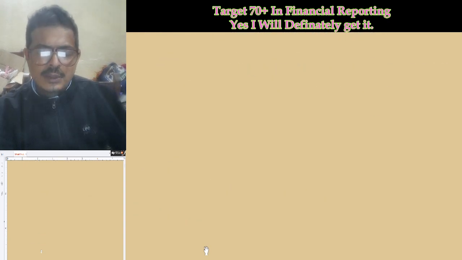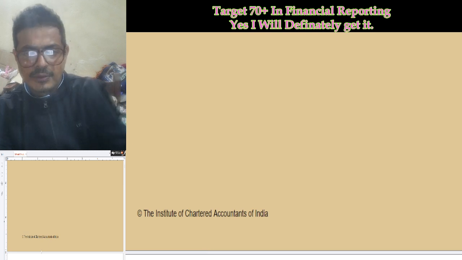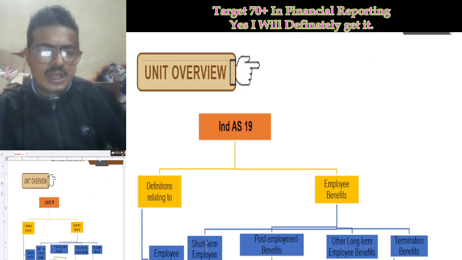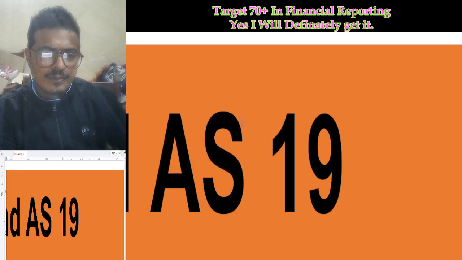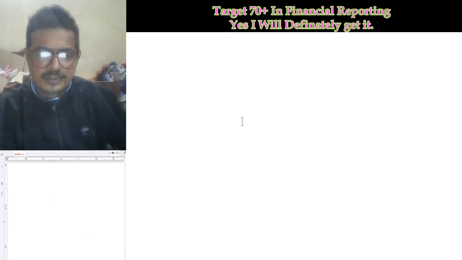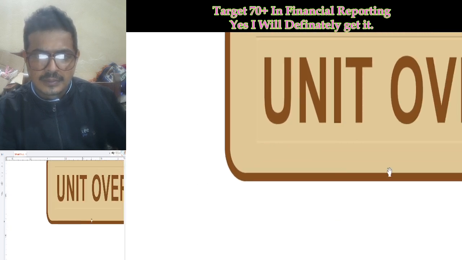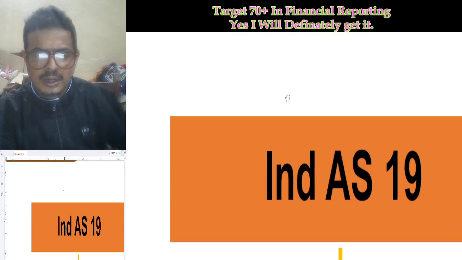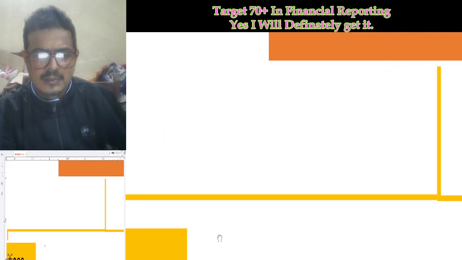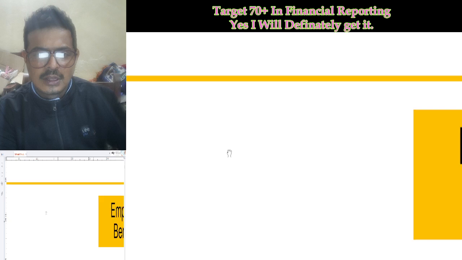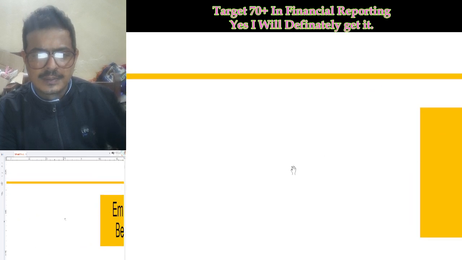Now, let's briefly look at what the chapter provides. Unit overview, Ind AS 19. There are branches. First is definitions relating to employee benefits.